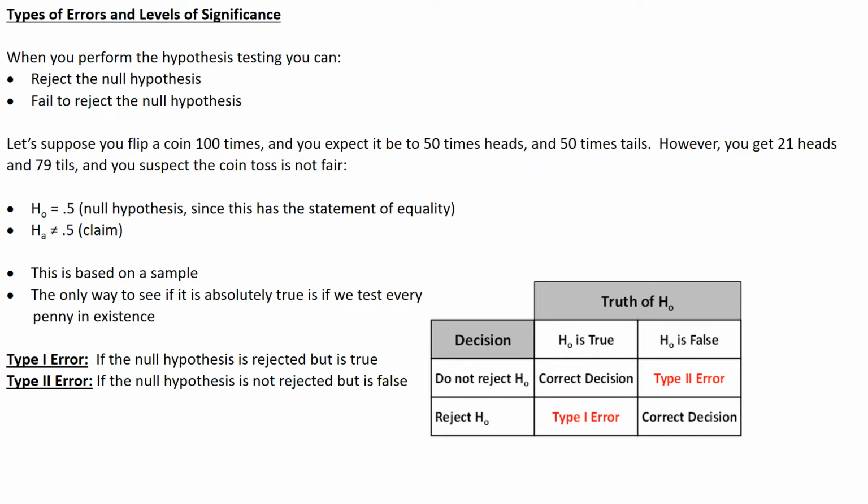If we reject the null hypothesis, that it's not contaminated, but it's true, people are going to get sick. On the flip side, what if we do not reject the null hypothesis and the hypothesis is false? In that case, we're going to lose money. We're not rejecting it, but there.